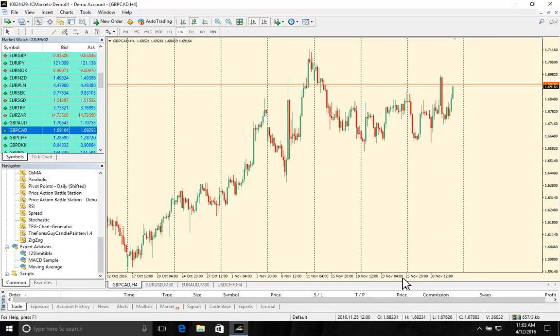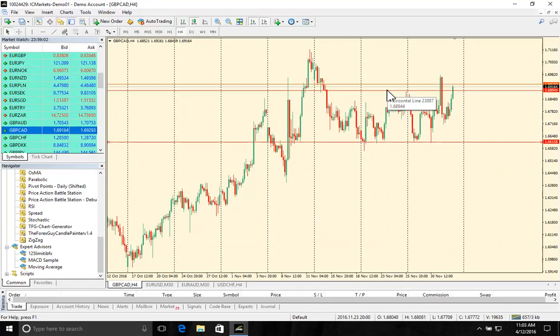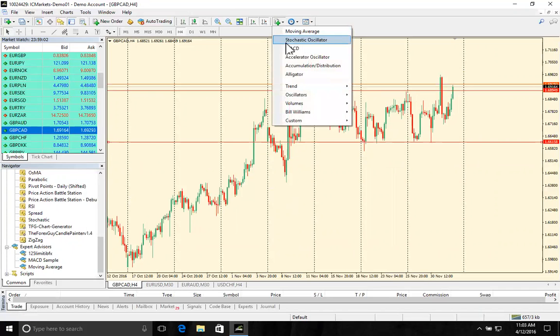It's again a sideways market, and it's touching the top of the bar, the top of the resistance. So we put the stochastic on and see if we can get any sell signal here.